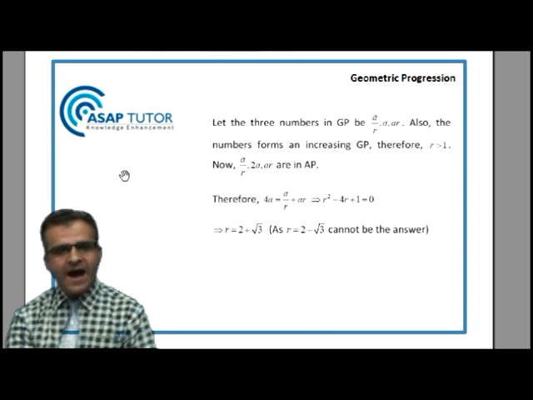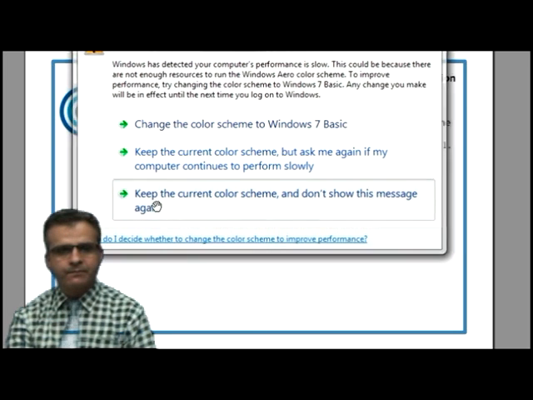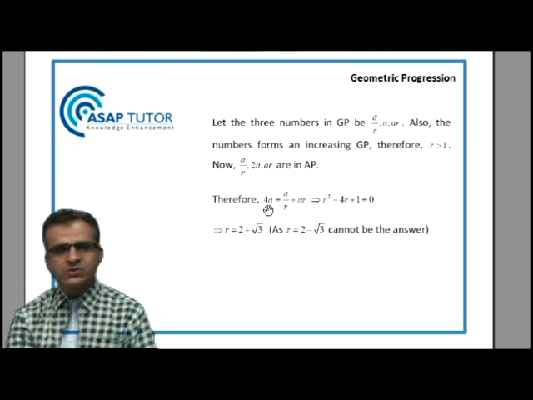Now whenever we have a, b, c in AP, then twice of b is always equal to a plus c. So therefore twice of 2a, that is 4a, will be equal to the sum of the first and the third term, that is a/r plus ar.